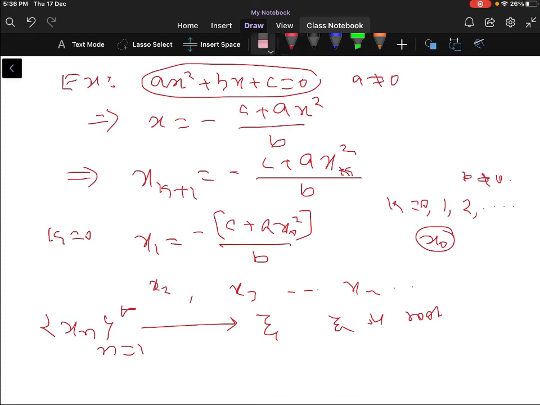And observe from this example, this iterative method gives only one answer at a time. So that is, the xn approaches to the xi. We have only one solution at a time, and moreover it iterates infinite times. It takes infinite number of steps to find the approximate root of the equation f of x equal to 0.